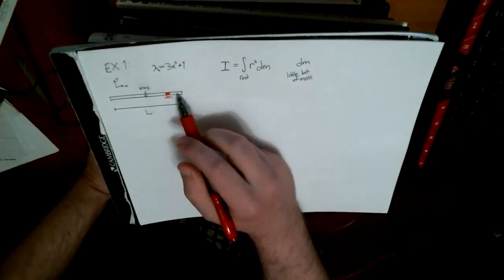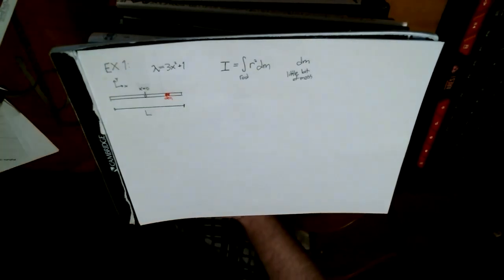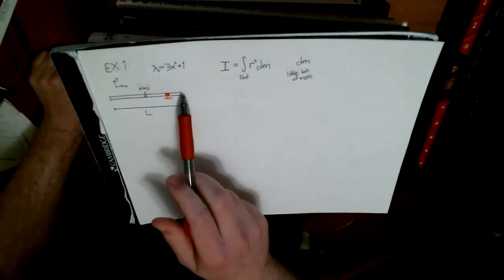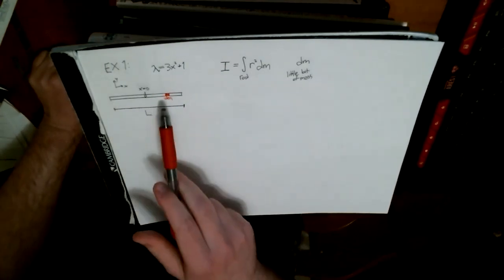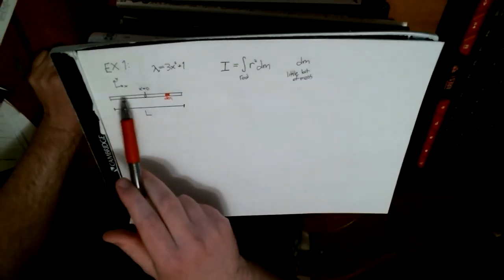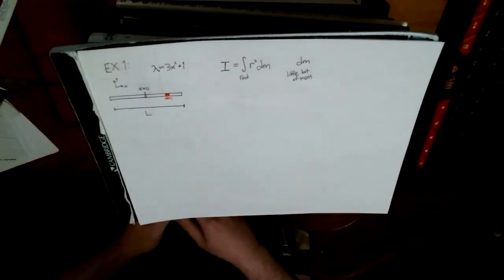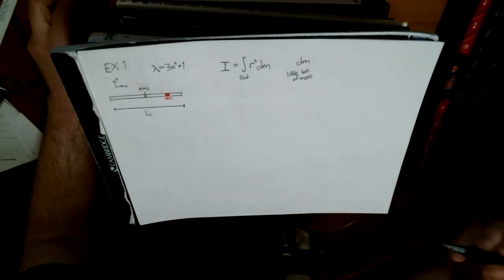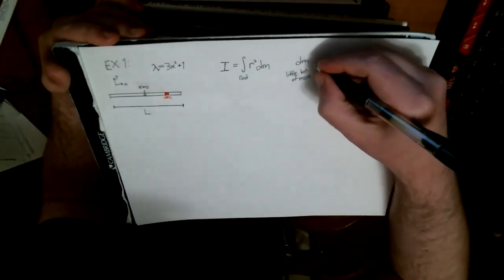Now, every little chunk on the rod is another dm. dm is just one little mass element, and we're going to have to integrate over the whole rod, and that's what integrating does for us. It adds up the r squared dm for all the little bits of dm that make up the total mass of the rod.